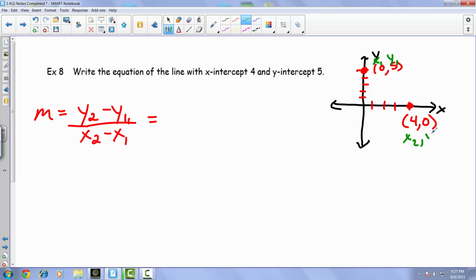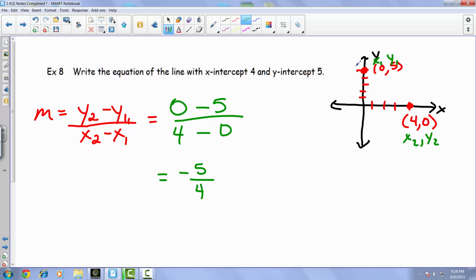Again, order doesn't matter, just as long as your algebra is actually correct in the end. So y2 is 0 minus our y1, here is 5, all over our x2, 4, minus our x1, 0. So it looks like our slope comes out to be negative 5 over 4.